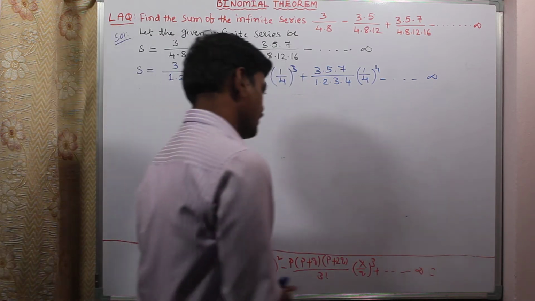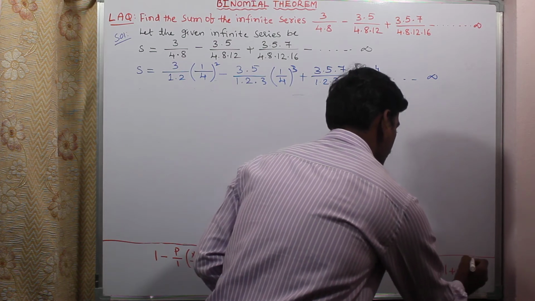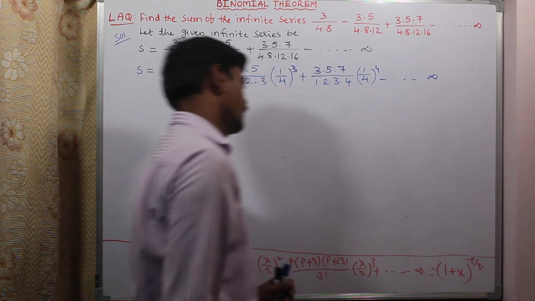This can be replaced with the binomial 1 plus capital X whole power minus p by q.